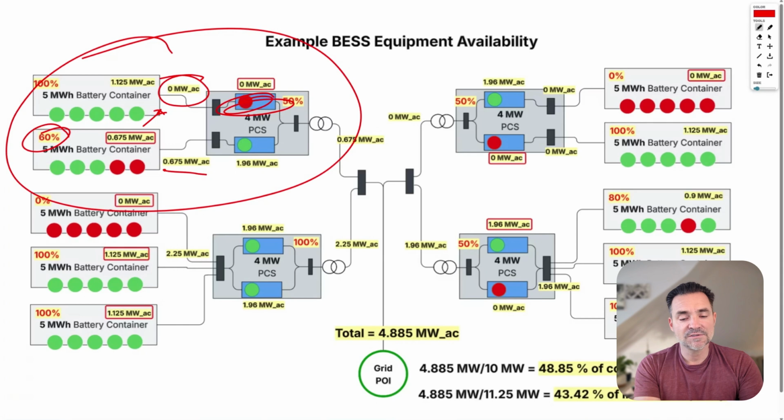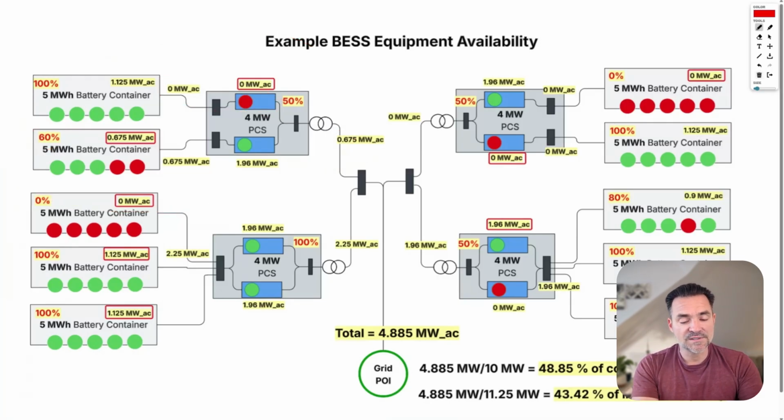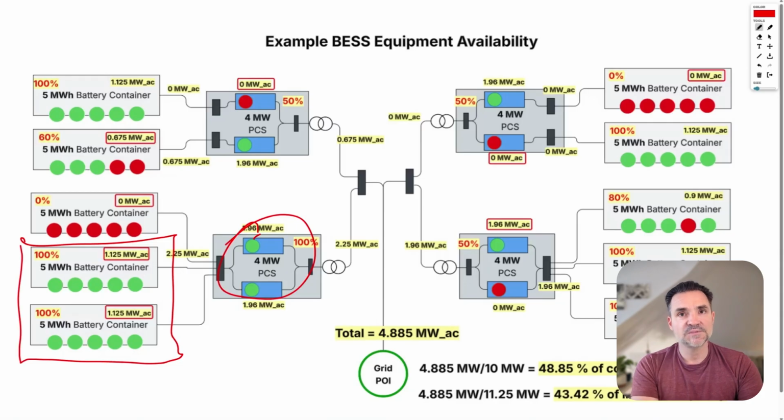So that's 3 times 0.225, which is 0.675 megawatts. So the overall capability of this one station is just the capability of those 3 strings, really. Another example here is if we have one bus with full PCS capabilities, but only 2/3 of the string capability.